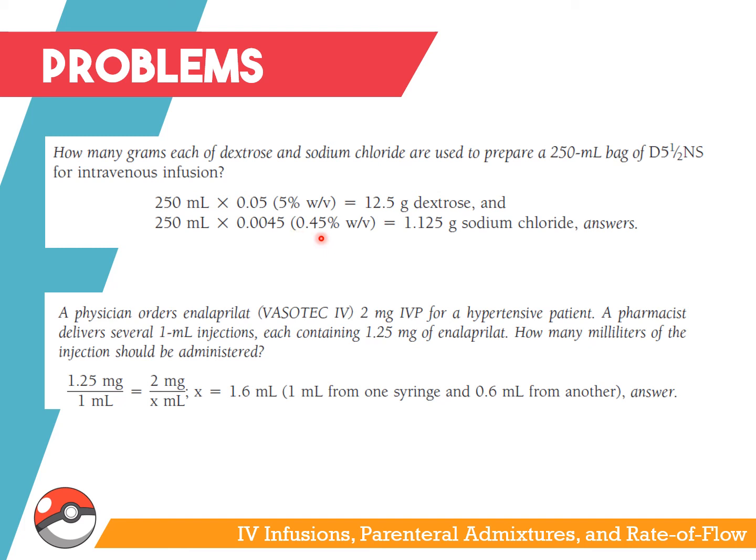We can divide 0.45 by 100 to get 0.0045, and we multiply this to 250 ml. And we will get 1.125 grams of sodium chloride. Okay, so be careful with using the proper concentrations for the infusions. Okay, for the other problem, you may solve this on your own.